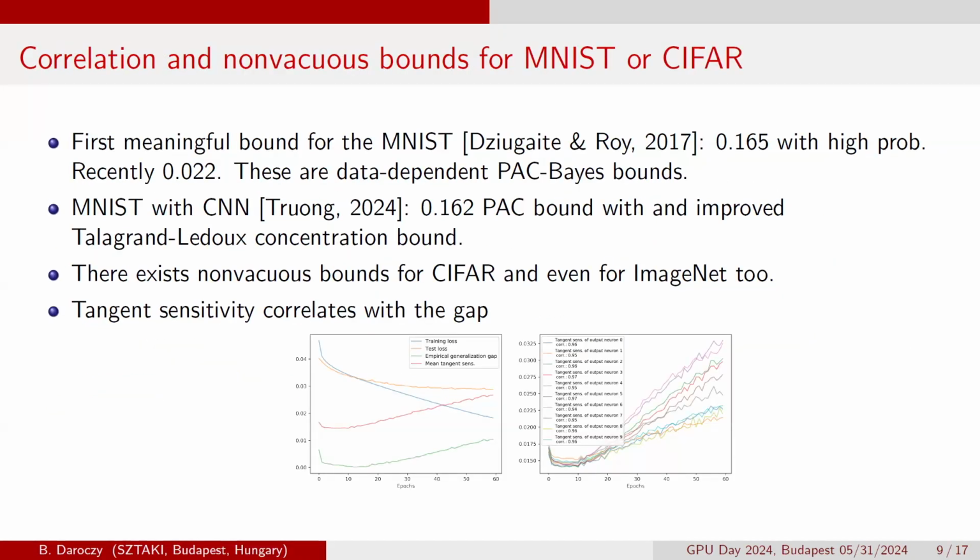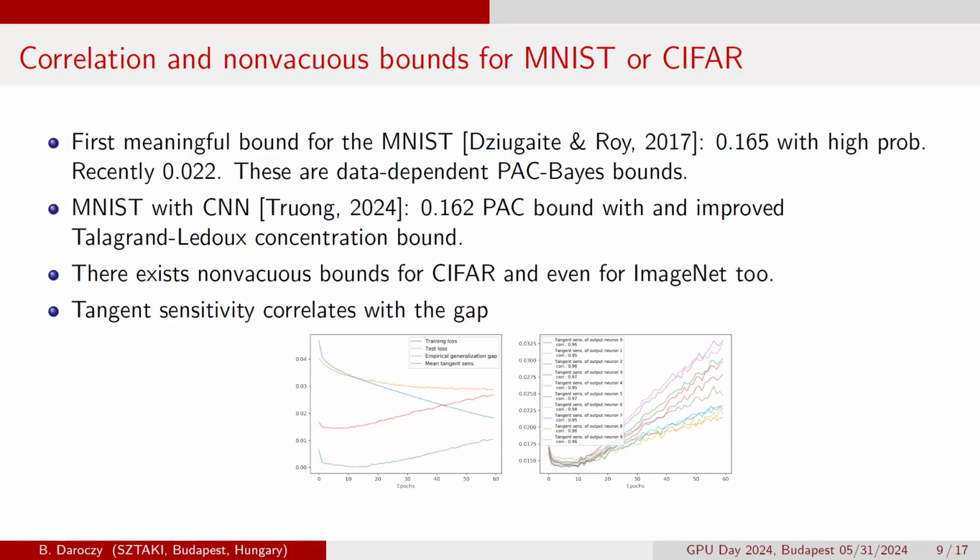Yes. The first meaningful bound was published in 2017, when they proposed that under some kind of data-dependent prior, 0.1665 would be the generalization bound, which means that if you are measuring 90 on the training set, you will not be doing less than 74, which is great.